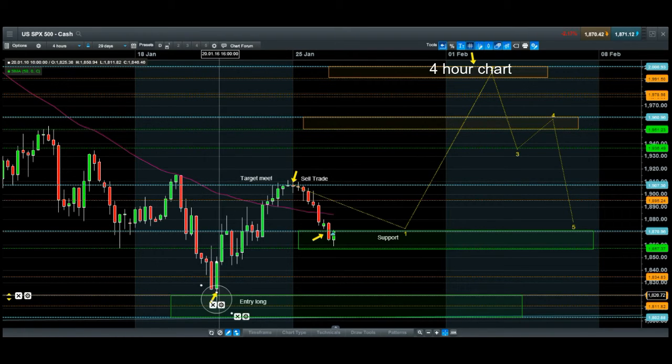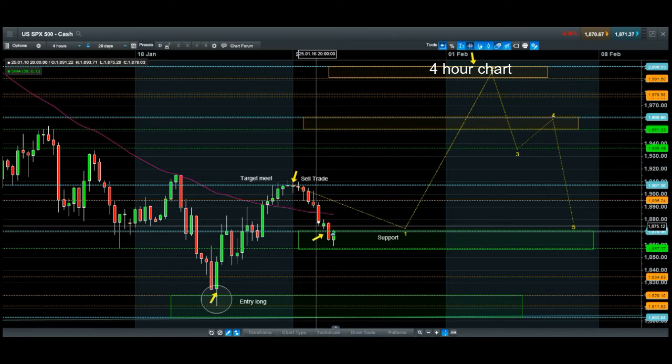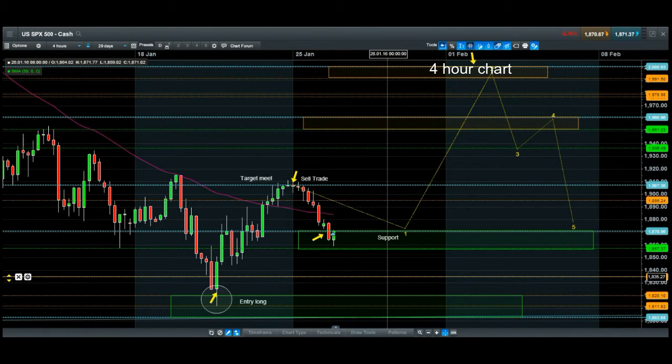I entered and took the profit here, and then I started a sell trade here, and then I took profit around here. And this morning I entered a long trade here, and I will come back again, of course, for this trade to show how it's been moving according to the direction forecast which was predicted in this chart.